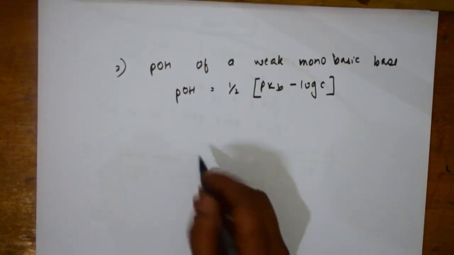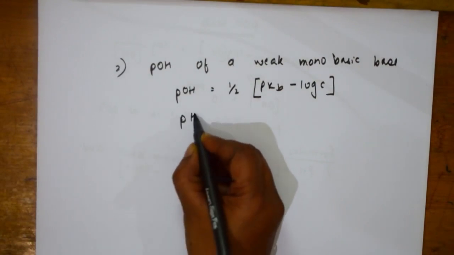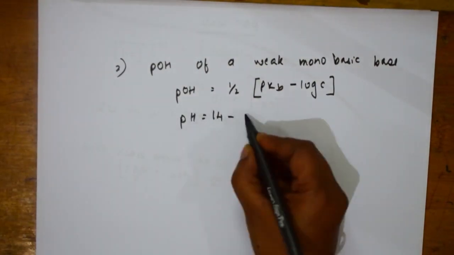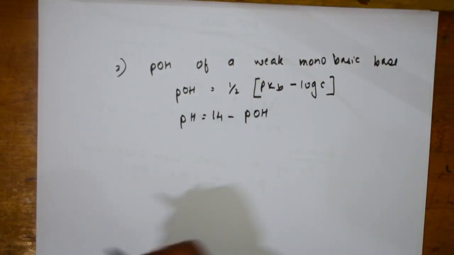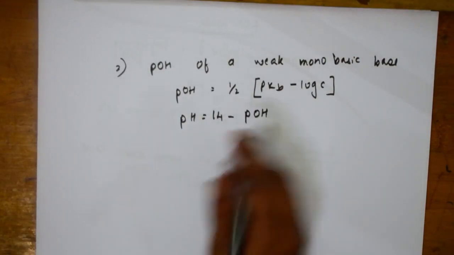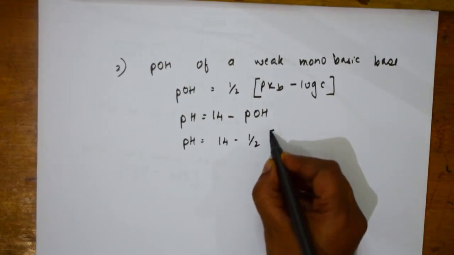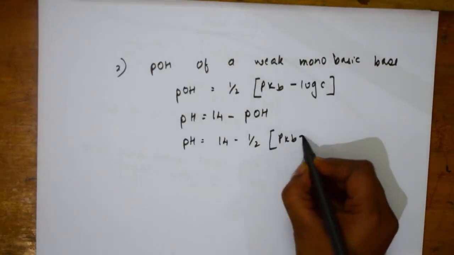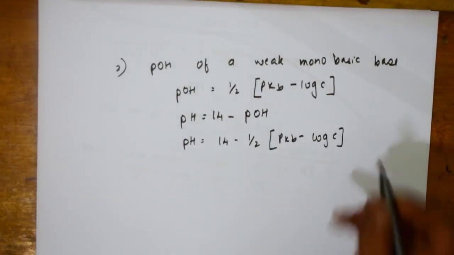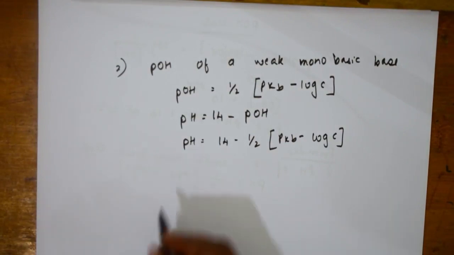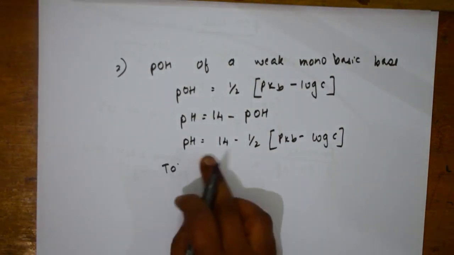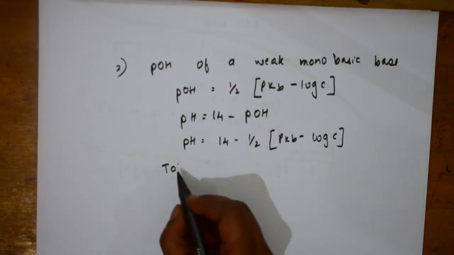If I have to write pH, it is equal to 14 minus pOH. What is pOH? This value. So I'm going to substitute that value: 14 minus half into pKb minus log C. You can use this for the numericals also.